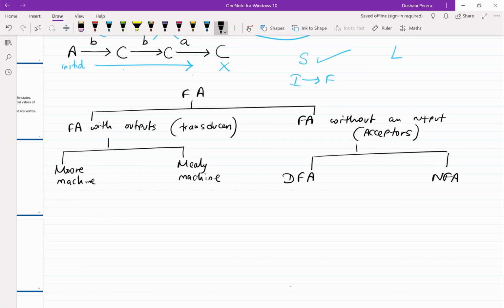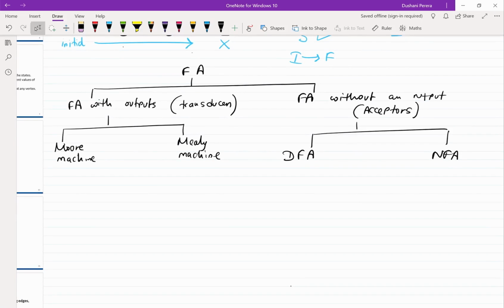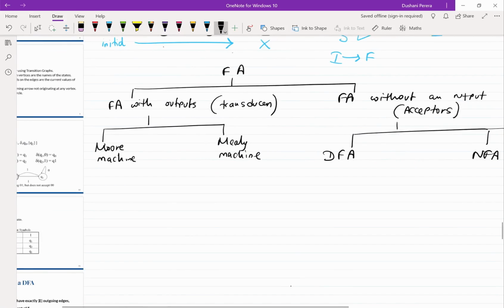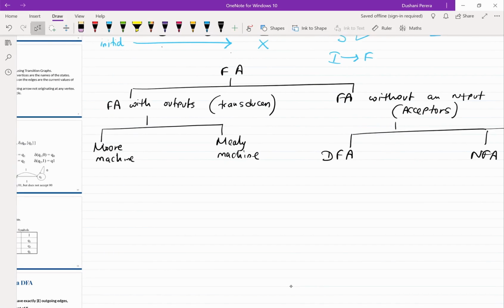These two are the ones which we talk about in particular. DFA means deterministic finite automata. NFA means non-deterministic finite automata. So we'll be talking about all of these during the lecture series. Today we're talking about this one in particular, DFA.